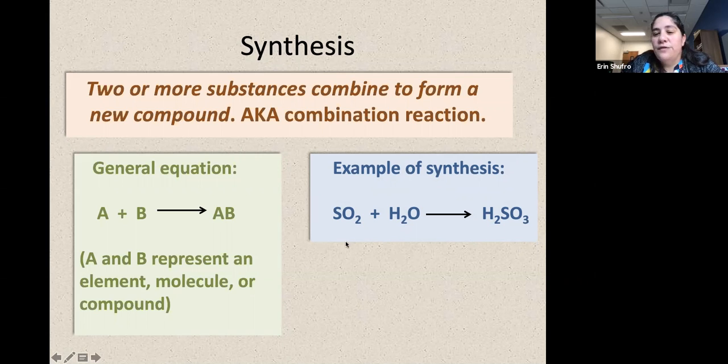So two things coming together to make one product: reactant A plus reactant B gives you a single product. You need to be able to identify what a combination or synthesis reaction looks like, and you can identify it by remembering: multiple reactants, one product.